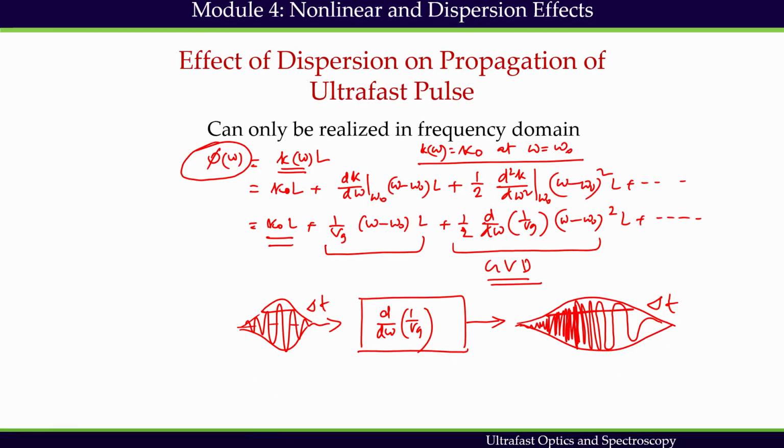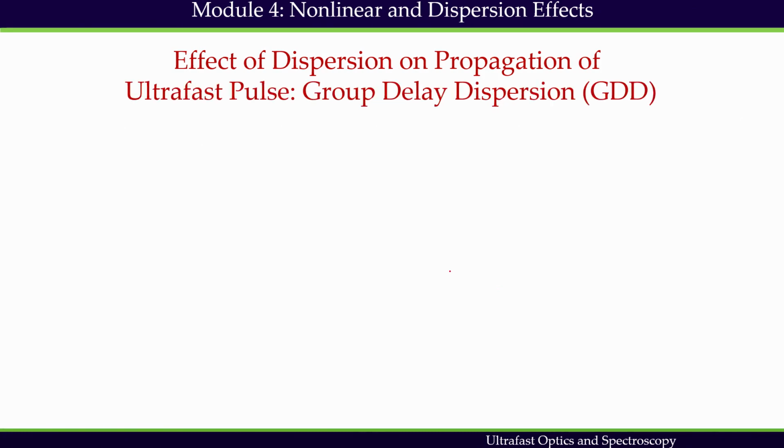So what we have seen is that the different components of the spectral phase introduce different effects in the pulse, and we are only interested in the GVD, group velocity dispersion effect. So we'll assume that due to propagation of the pulse through the medium, the only additional phase introduced is due to group velocity dispersion, that is the second order dispersion term.